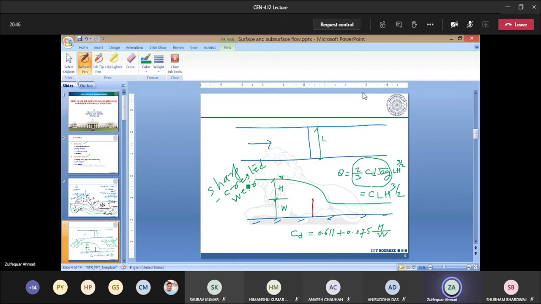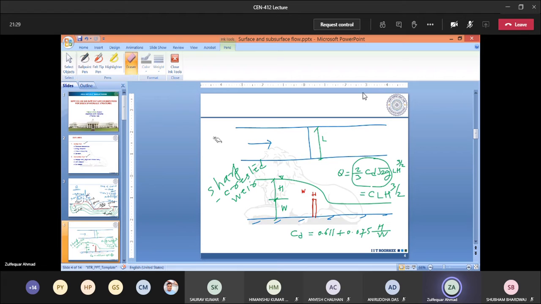So this is a sharp crested weir, right? Sharp crested weir means, any idea about this? Let us say I'm making some thickness of this, and this thickness is here. Any value, I'm just writing a small w. Any idea when we'll say this one is a sharp crested weir?